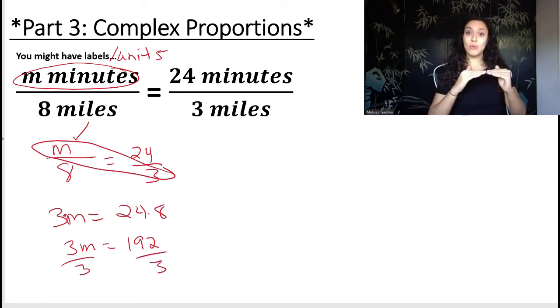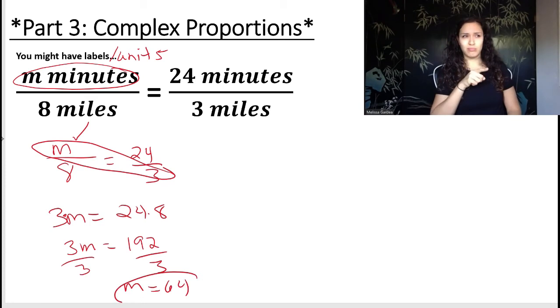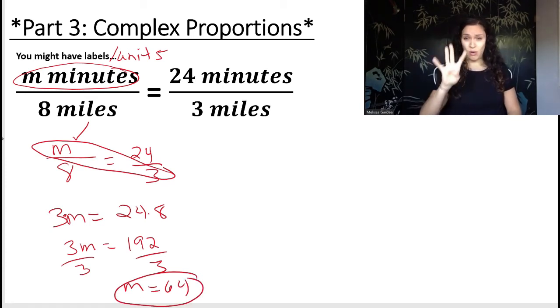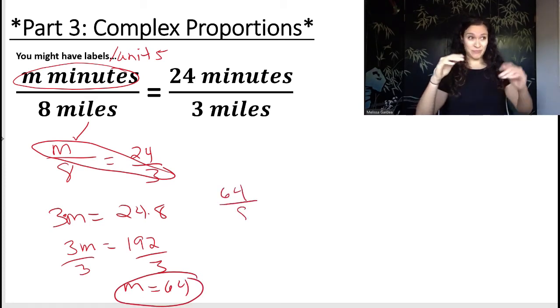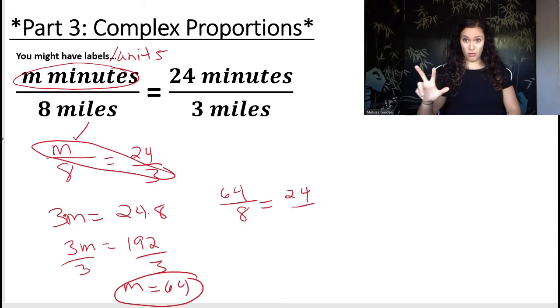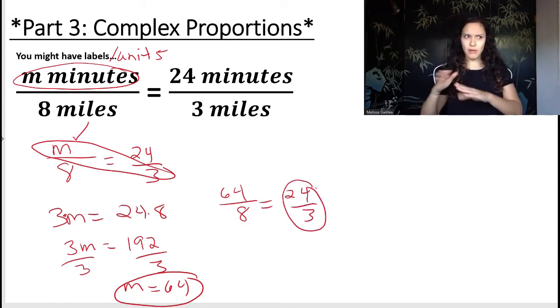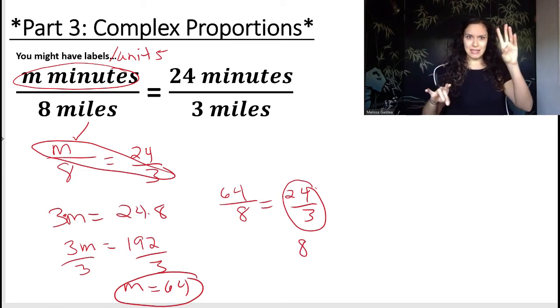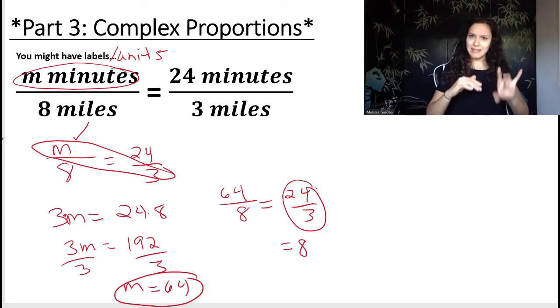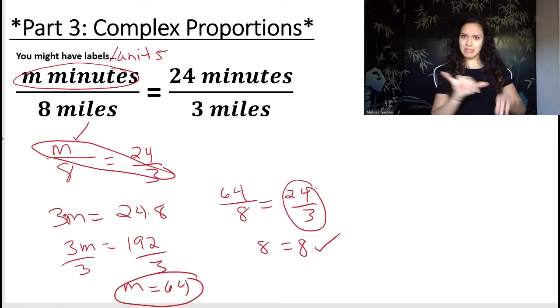Divided by 3, divided by 3, and m equals 64. Wait a minute. 64 over 8 is the same thing as 24 divided by 3. Remember when I looked at this and I'm like, oh, that equals 8? 24 divided by 3 is 8. 64 divided by 8 is 8. It has the same exact value. Ding, ding, ding.